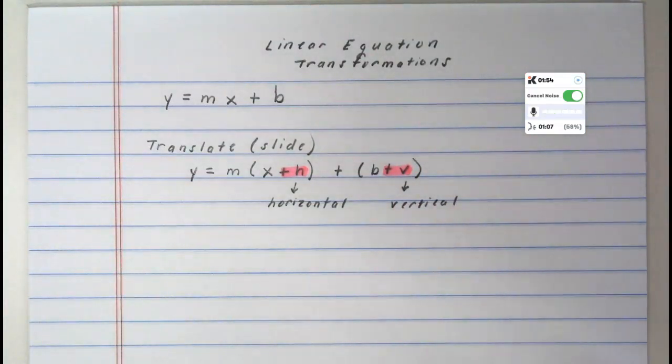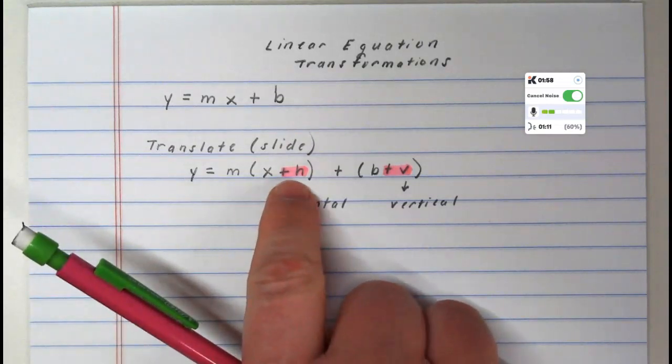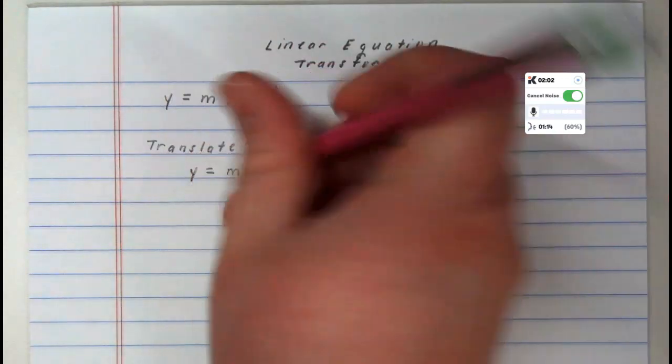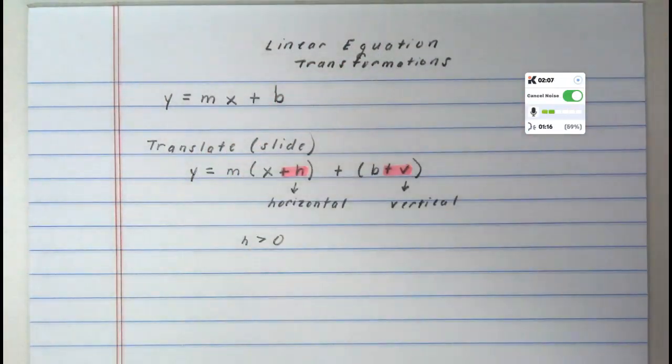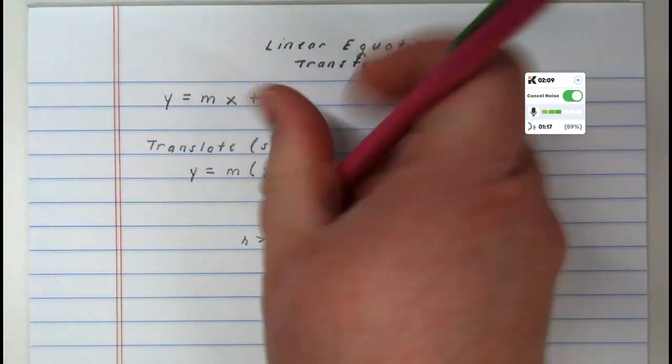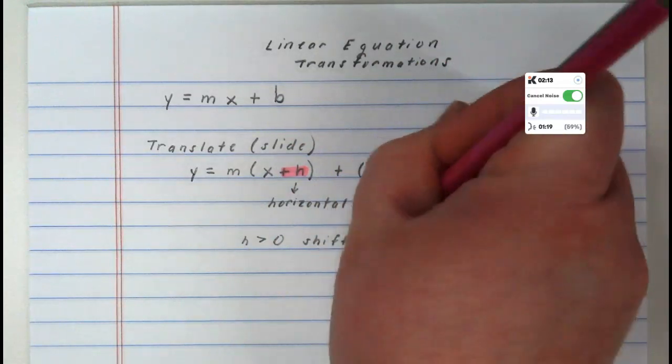Now there's certain rules. If the h value, that's right after the x, is positive, so h is greater than 0, you're going to shift left.